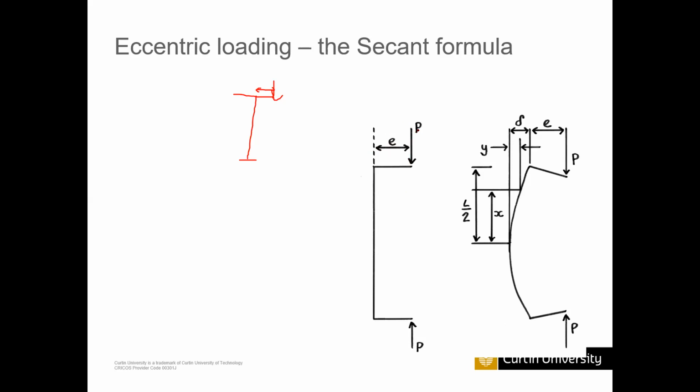So due to this P load, around this axis, bending is available. So the bending moment is P times E. If you transfer P here, it is PE, bending moment. Due to this P load there is a bending moment, so if you transfer P here, you need to put the bending moment as well.